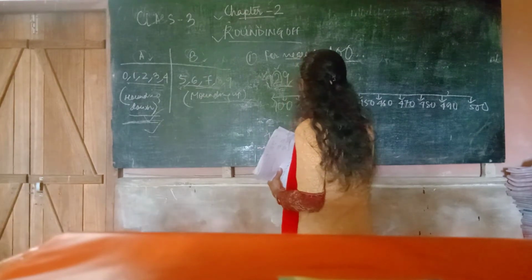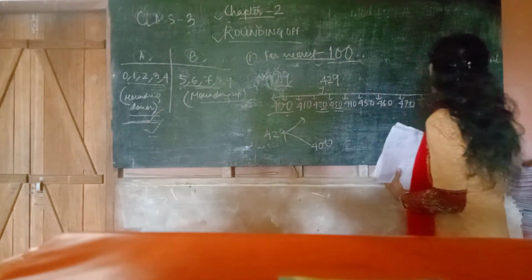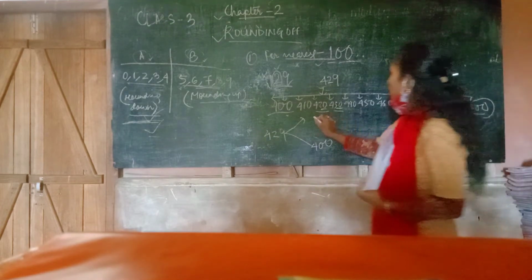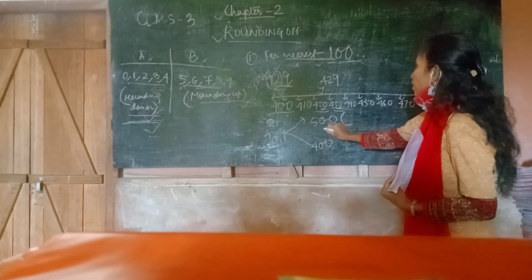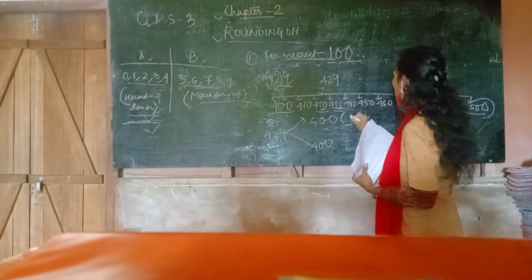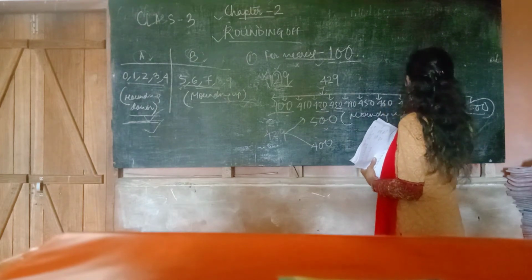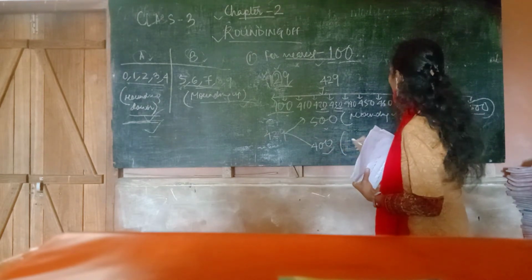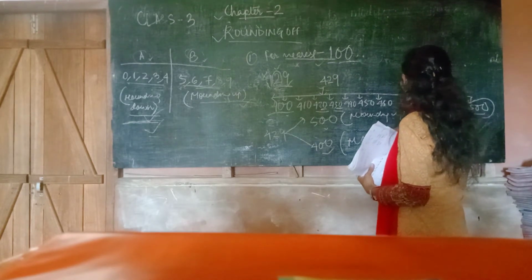So for 429, the lowest number is 400 and the highest number is 500. The greatest number, 500, is rounding up, and the lowest number, 400, is rounding down.